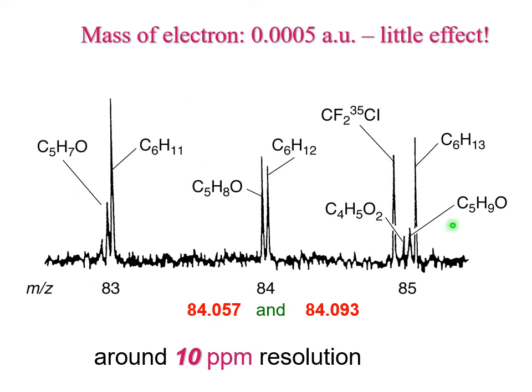In this particular case, there are 4 peaks with the same number. We name the number that represents M to Z ratio as mass, exact mass, and the whole number we'll name mass number.